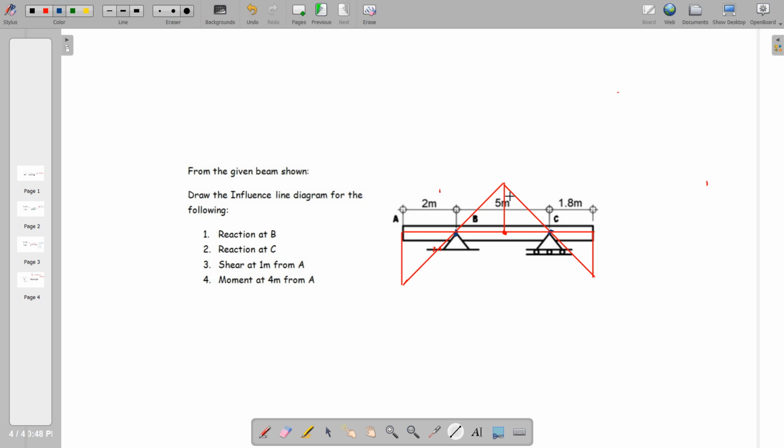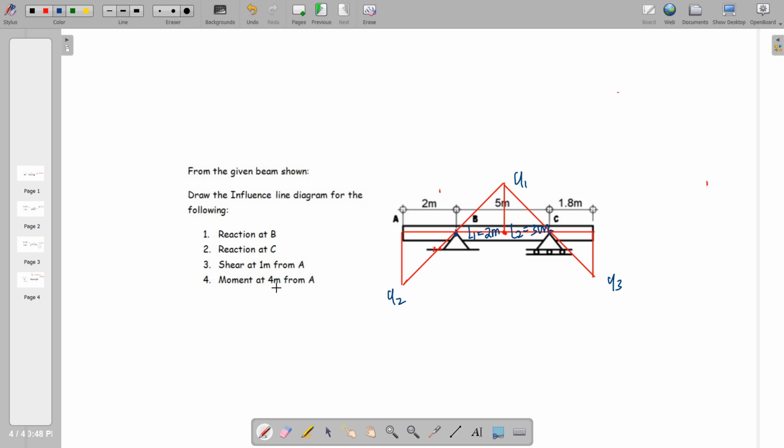This is y1, y2, and y3. So our L1 here is 2 meters and L2 is 3 meters, following your criteria.